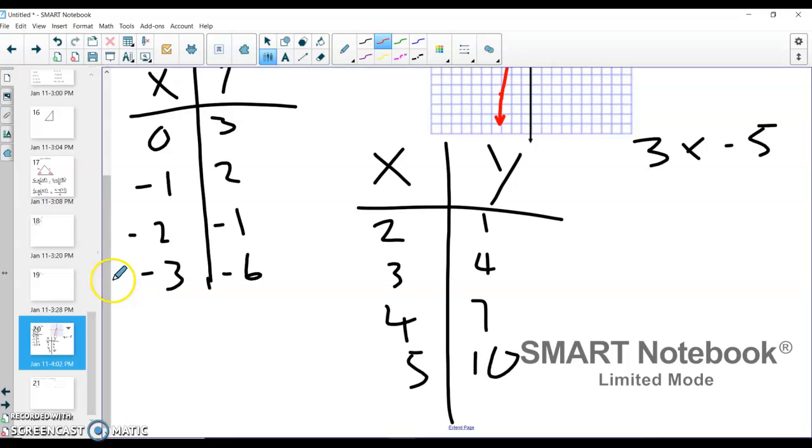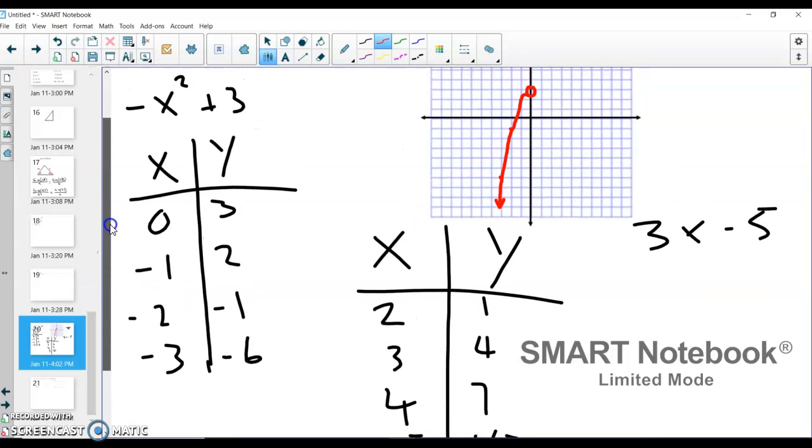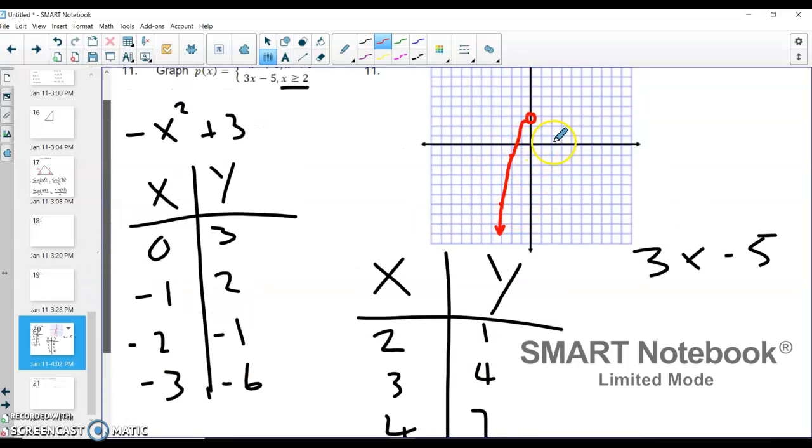So I know it's 1, 4, and 7 there, and I can graph these. Over 2, up 1, and that is a closed dot there, because of that greater than or equal to. Then over 3, up 4, get a point there. Then 4, 7, over 4, up 7.